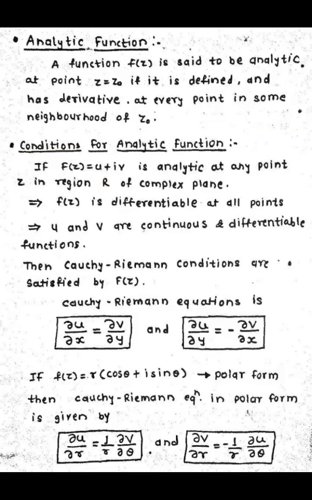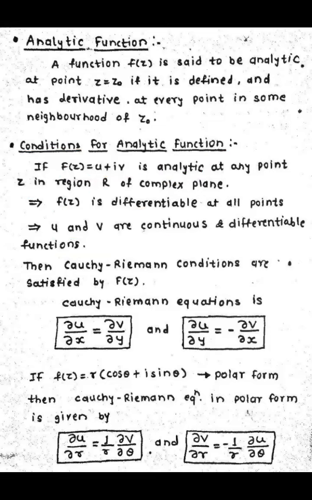So if f of z is analytic, then f of z is differentiable at all points of z. If f of z is differentiable, then this implies u and v are continuous and differentiable functions.